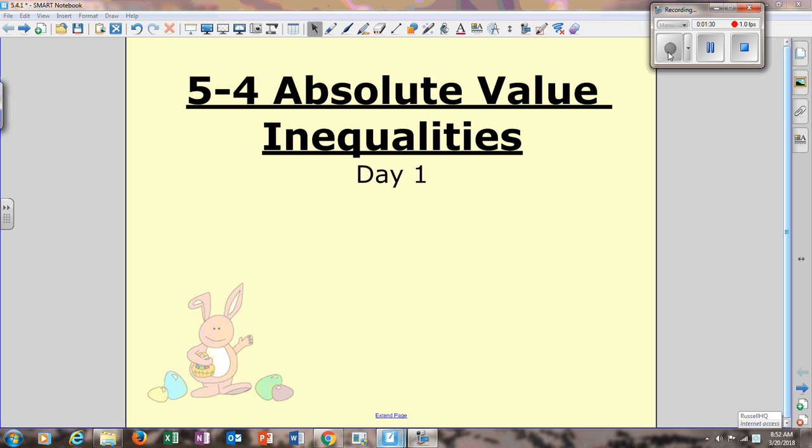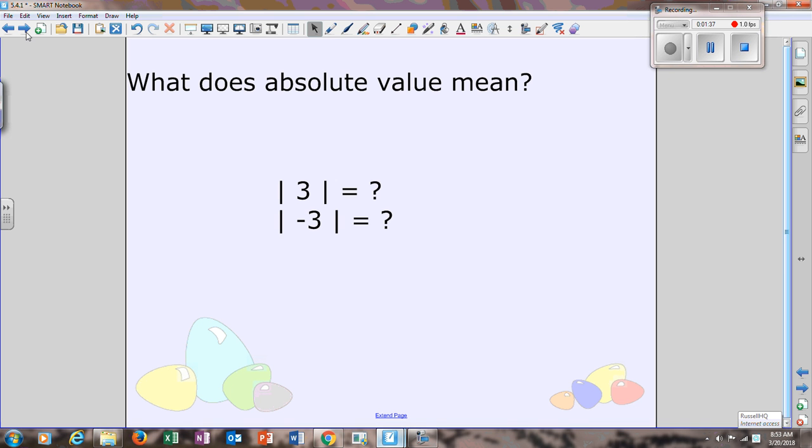Now, we've learned about absolute values when there's an equal sign before. Now we're going to look at inequalities. But I want to review, what does it mean when there's an equal sign? So first, the absolute value markings are these vertical lines right here around the 3. Those vertical lines mean that it's an absolute value.